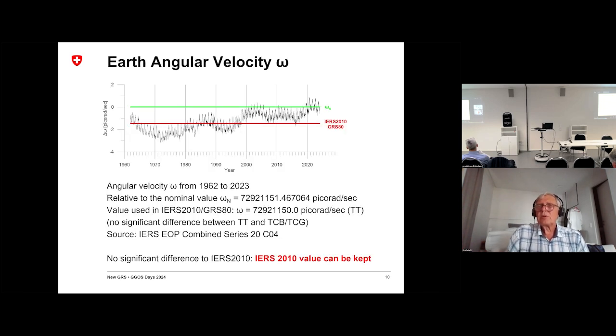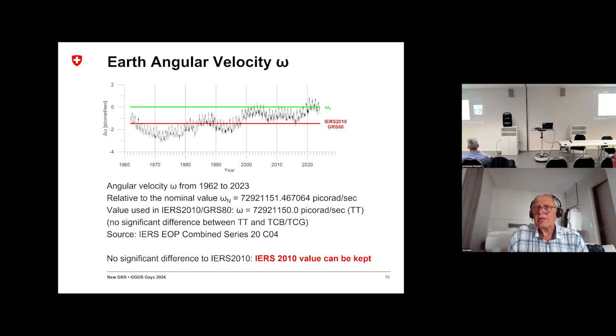Some more words about temporal changes. I start with the angular velocity, omega. So we see it here, the time series over some decades. There is one special parameter that is defined as in the IERS, and that is the same as it was used already in GRS 80.